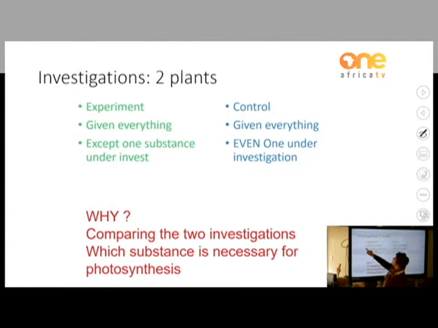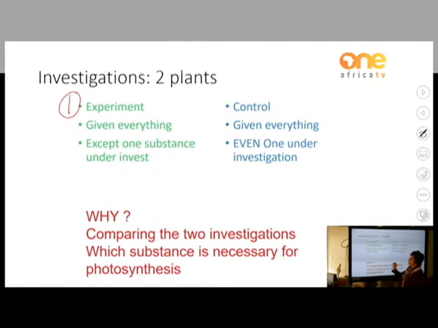The one will be called the experiment, where I give everything that is needed, in this case for photosynthesis. So I will need water, I will need the correct temperature, I will need chlorophyll, I will need carbon dioxide, I will need light.